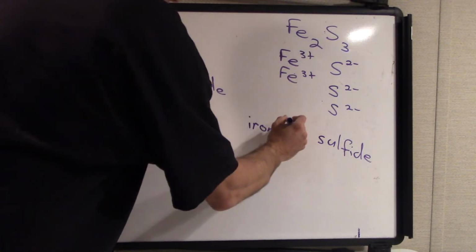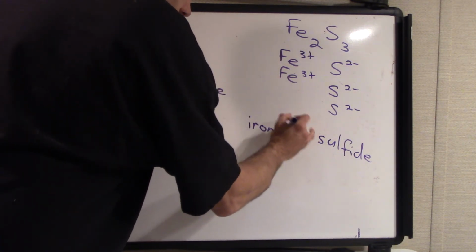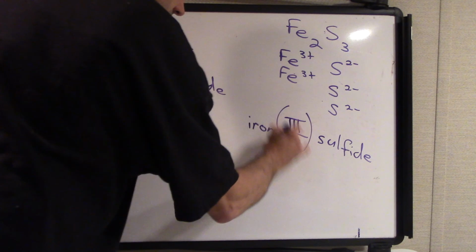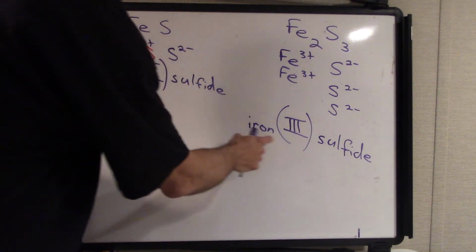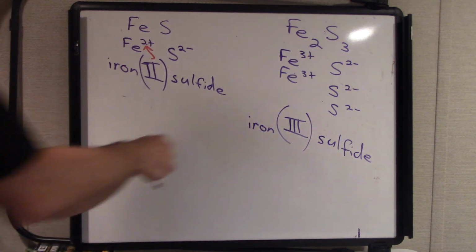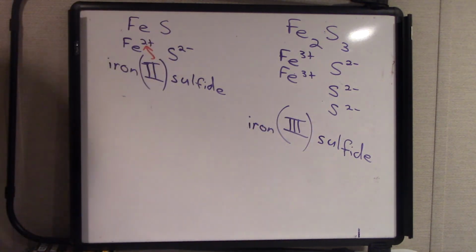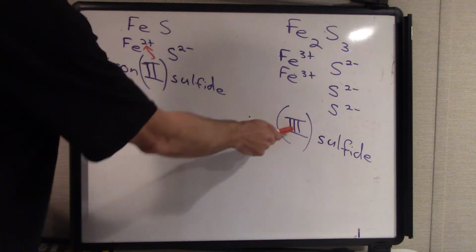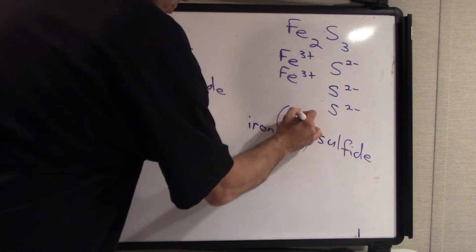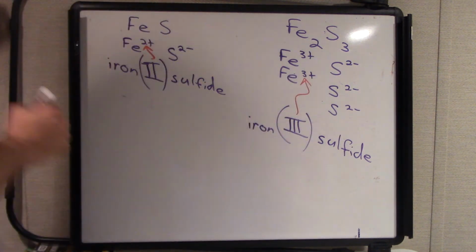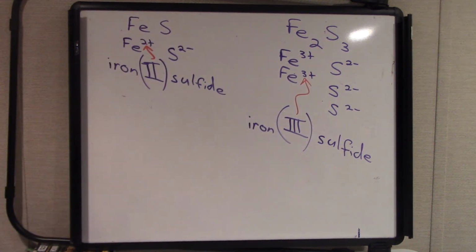We don't list the total charge. We list what type of iron we're dealing with. It's iron that has what type of charge? The type of charge that the iron has is +3. We're not listing the sum total of all the charges with the Roman numeral. We're saying it's iron of what type, and the type is +3.